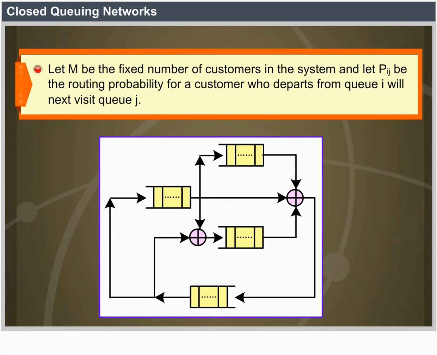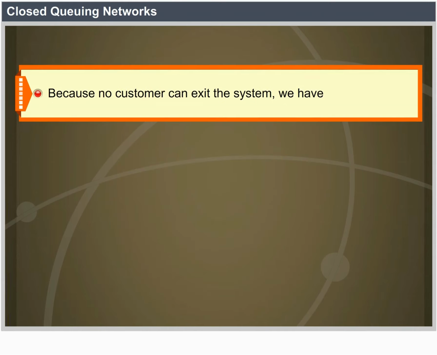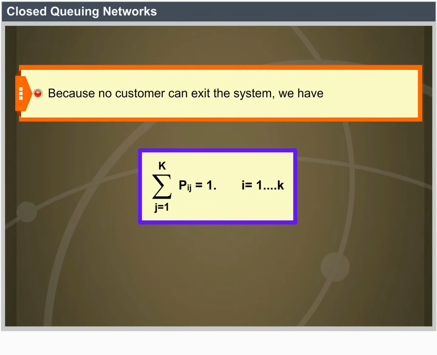Let M be the fixed number of customers in the system and let Pij be the routing probability that a customer that departs from queue i will next visit queue j. Because no customer can exit the system, we have Σj Pij = 1.